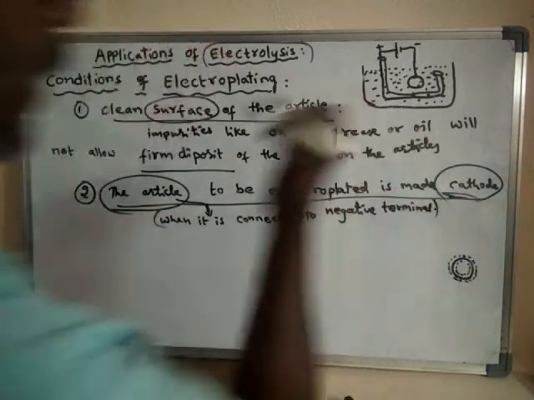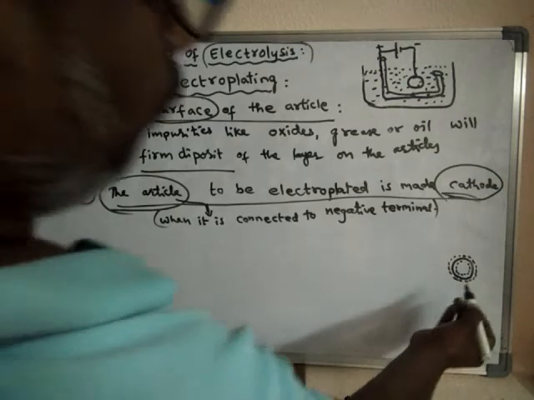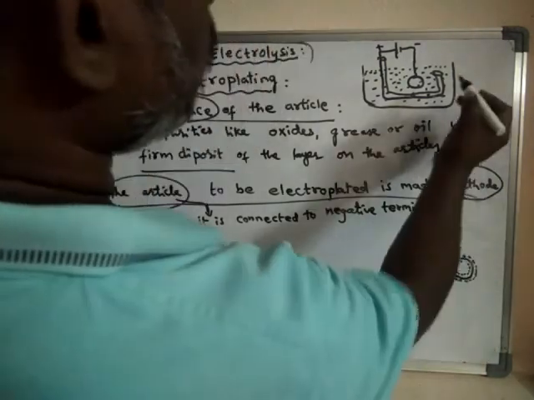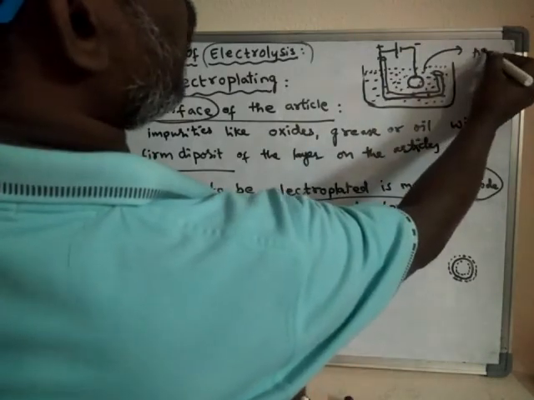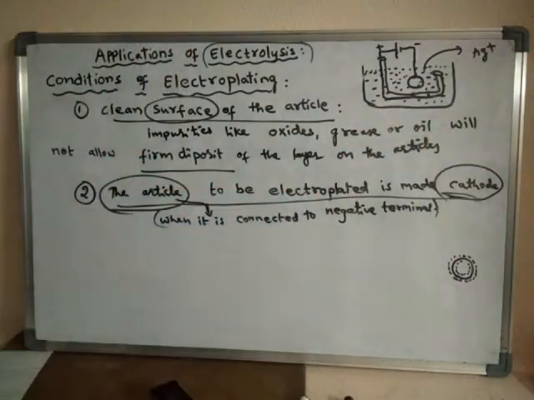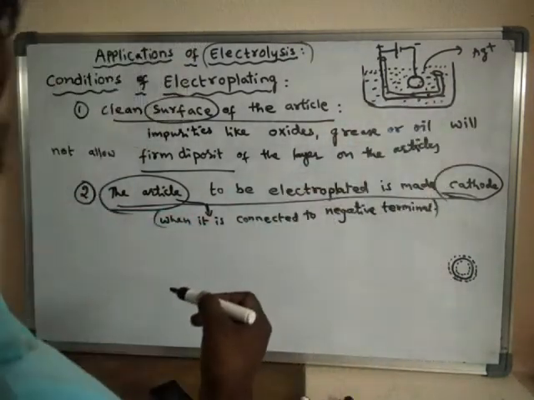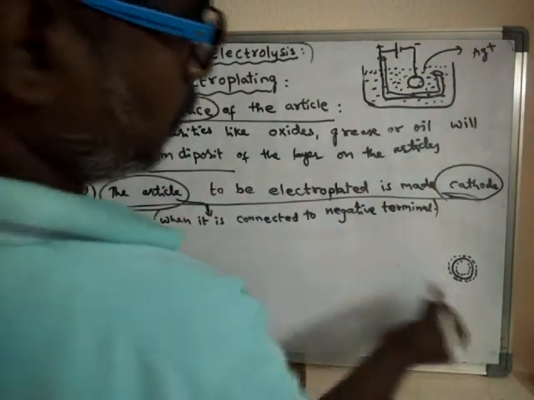So where is this silver coming from? This silver is present in the electrolyte in the form of silver ions. Unless the silver is present in the electrolyte as silver ions, it cannot be coated on the copper. Did you understand?